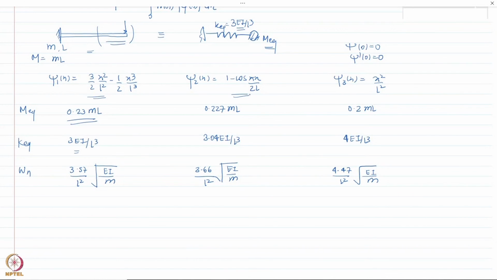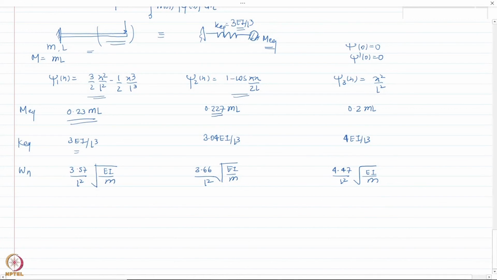So when I use this, again the mass is around 0.23, the stiffness is 3.04, which is again close to the first shape function, and the frequency is again 3.66 times that same common factor. So the first and the second shape function produce results which are quite comparable.